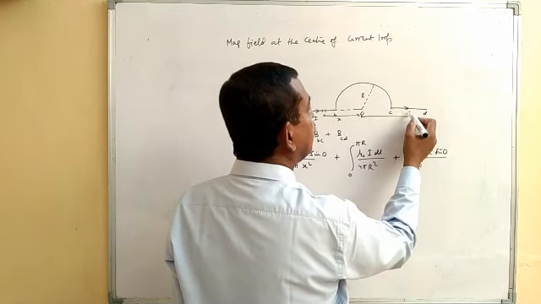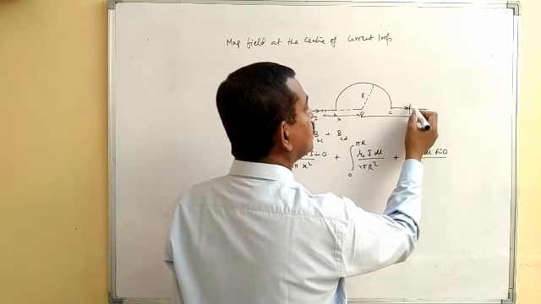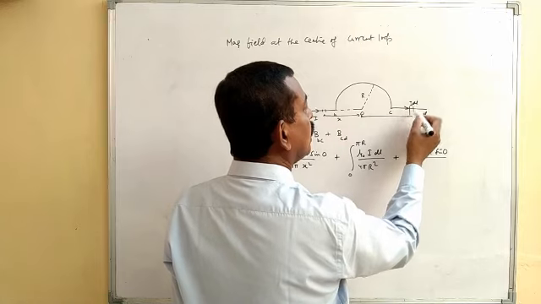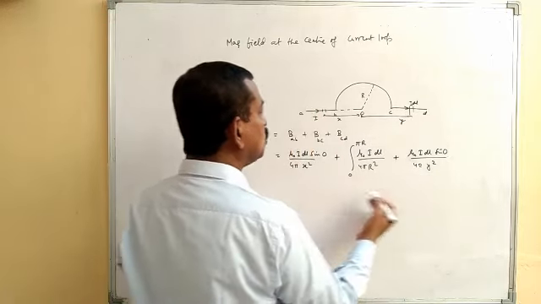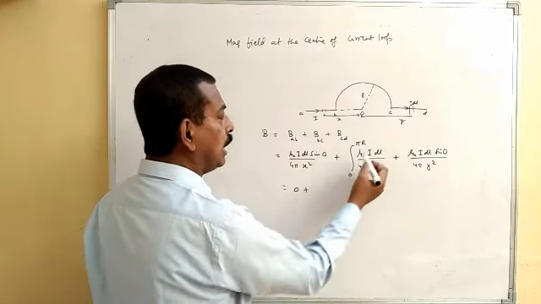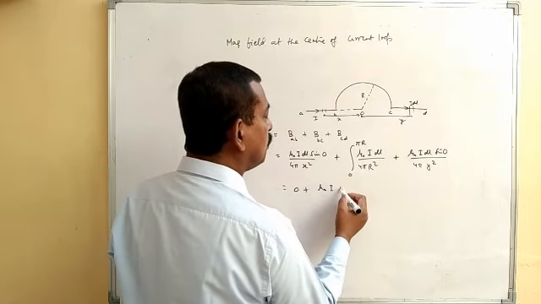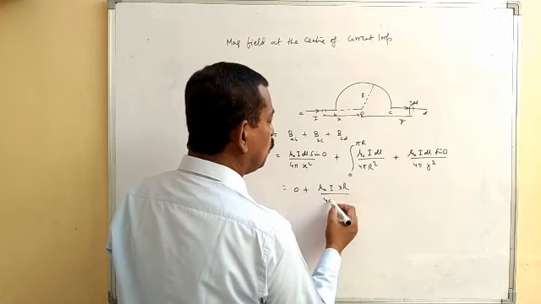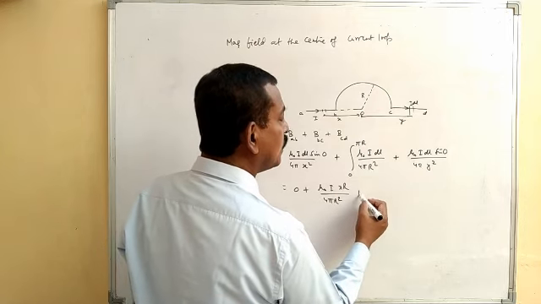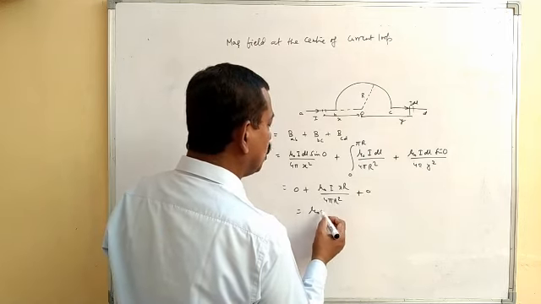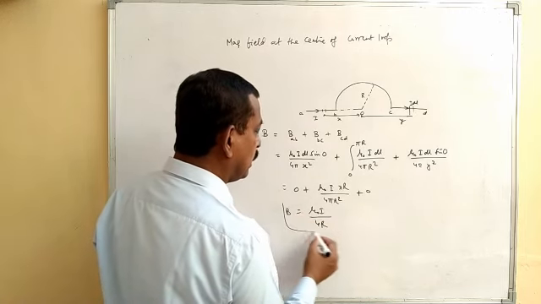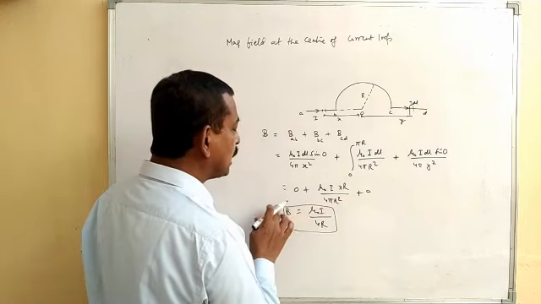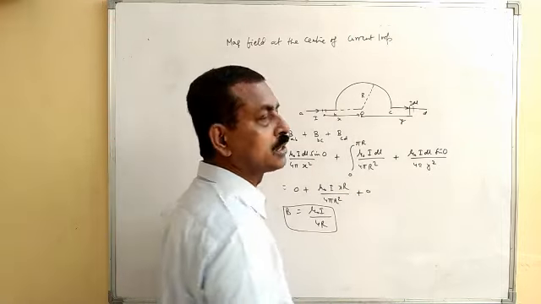Again, suppose I take any element at a distance y here, so it is y square. This term is also 0. And now this is your mu naught I pi r by 4 pi r square plus 0, or mu naught I by 4r. In fact, it is the magnetic field only due to this semicircular portion.